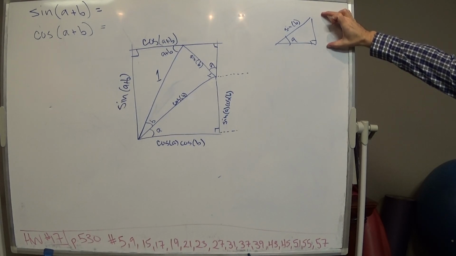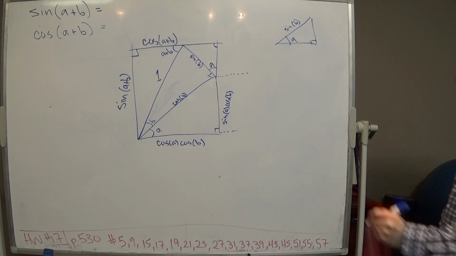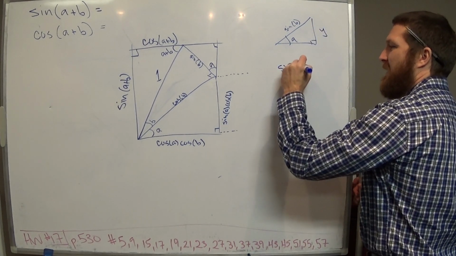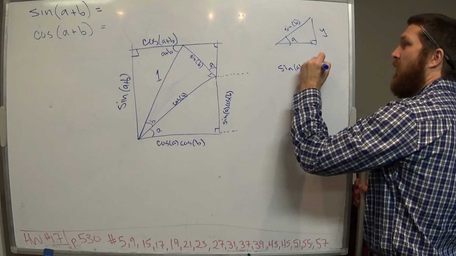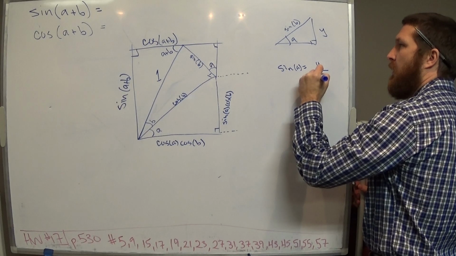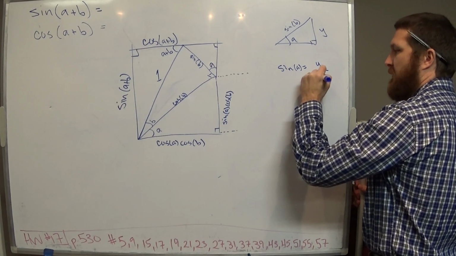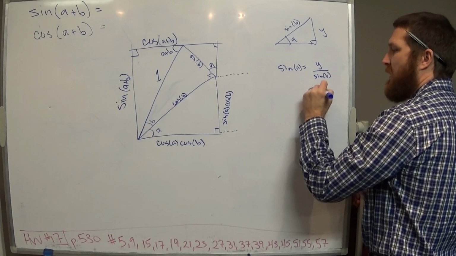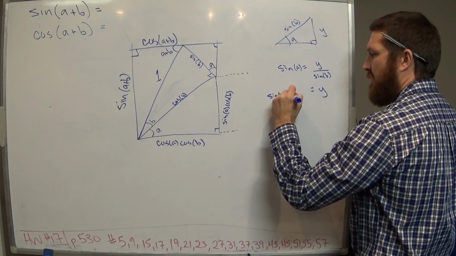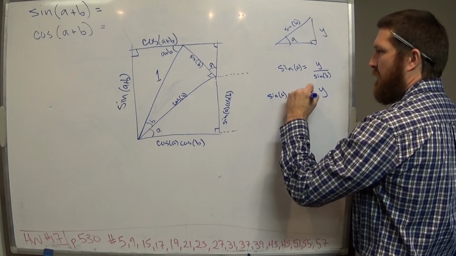Sine of A equals y over sine of B. So y equals sine A sine B. Did I do that right?